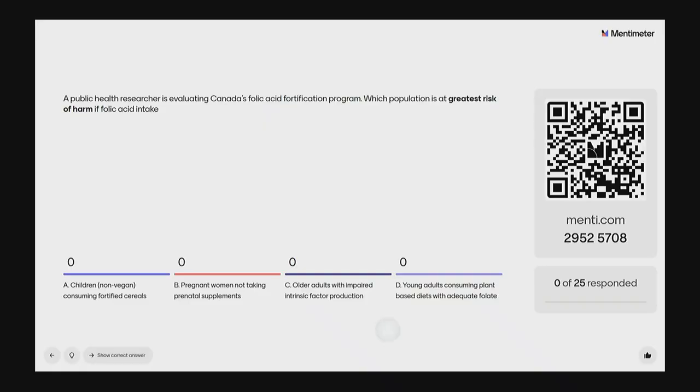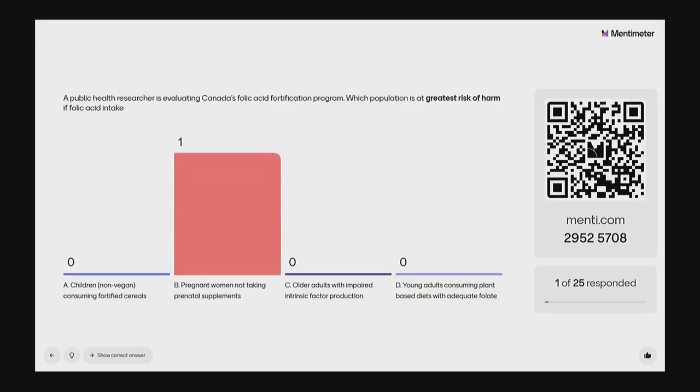Okay, so next question. A public health researcher is evaluating Canada's folic acid fortification program. Which population is at greatest risk of harm if folic acid... give me a second.